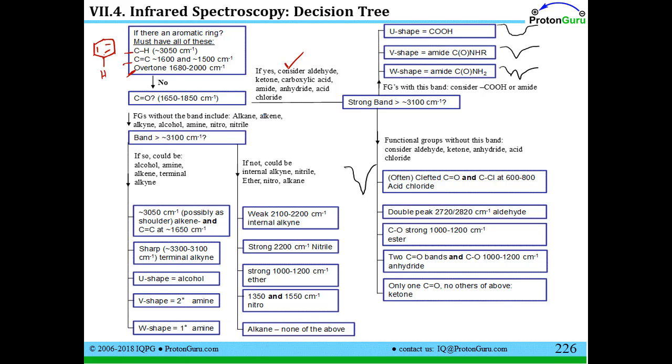If you have any of these groups, OH or NH groups, you can look at the far left-hand side of the spectrum. A strong band, generally, these bands have different shapes depending on whether there's an OH, NH, or NH2 unit. If there's a U shape, you have an OH group.